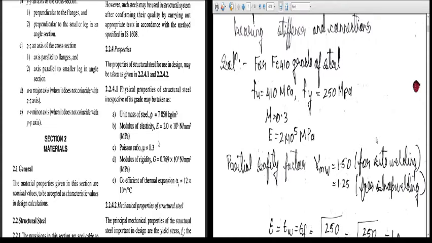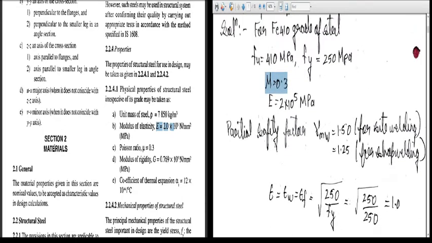Modulus of rigidity G is 0.769 into 10 raised to 5 Newton per mm square. Coefficient of thermal expansion alpha T is equal to 12 into 10 raised to minus 6 per degree centigrade. So from here we have taken the modulus of elasticity and the Poisson's ratio: mu is 0.3 and E is 2 into 10 raised to 5.